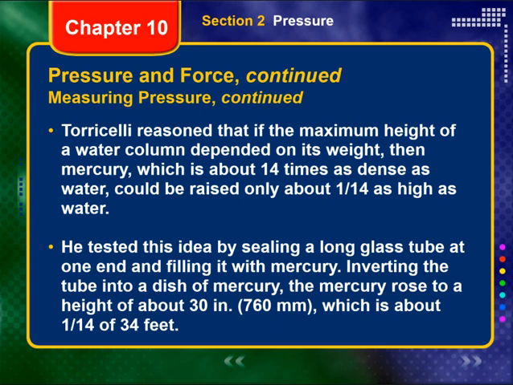And so he tested this idea by sealing a long glass tube at one end and then filling it with mercury. He then inverted the tube into a dish of mercury, and the mercury rose to a height of about 30 inches, which in millimeters is 760 millimeters. It turns out that height is about 1/14 of 34 feet.